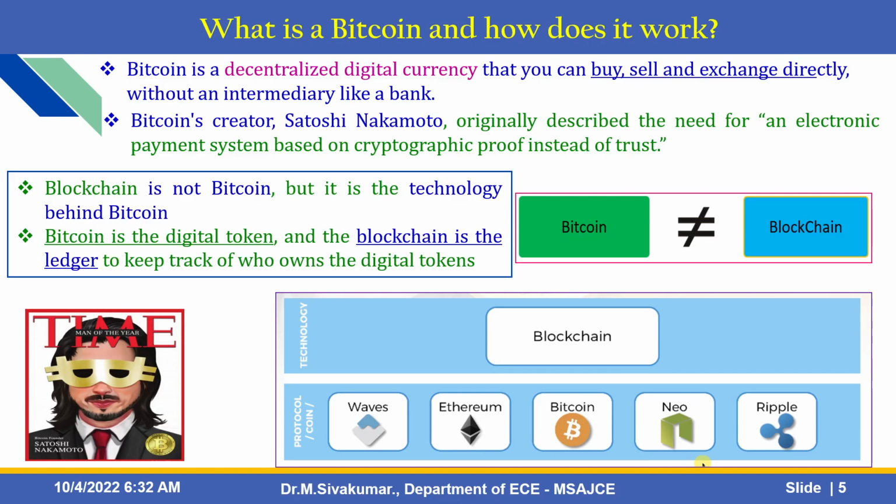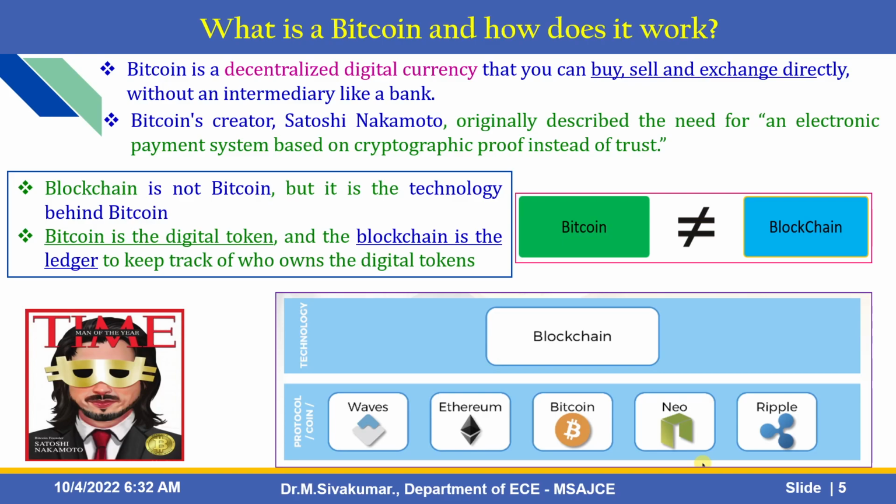Here this diagram shows Bitcoin is not equal to blockchain. Blockchain is not Bitcoin but is the technology behind Bitcoin. So Bitcoin is a digital token, a digital currency, and the blockchain is the ledger to keep track of who owns the digital tokens. This is the basic difference between Bitcoin versus blockchain.